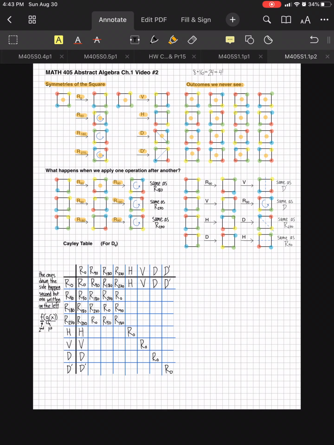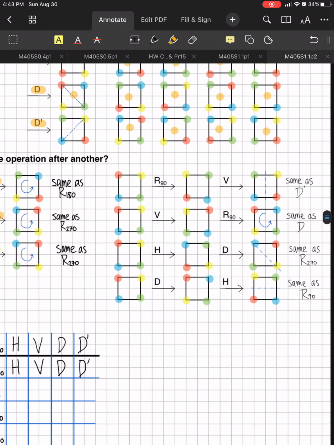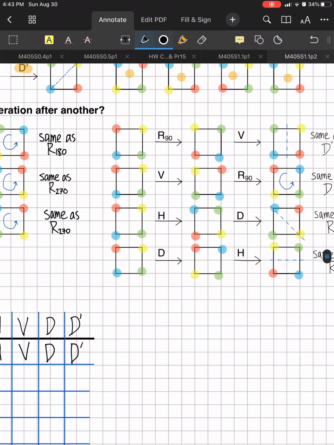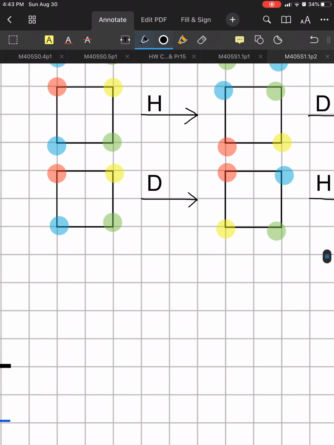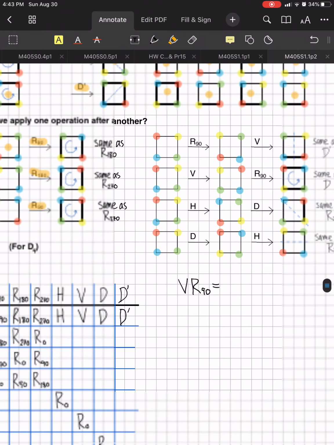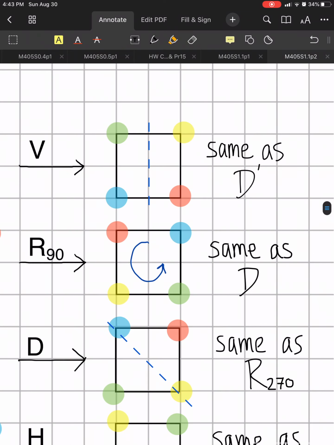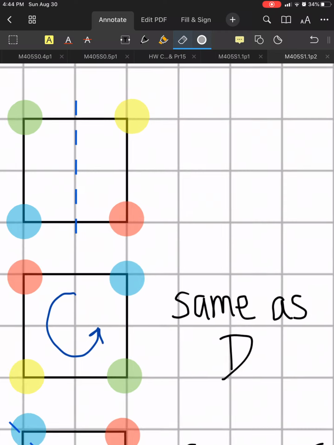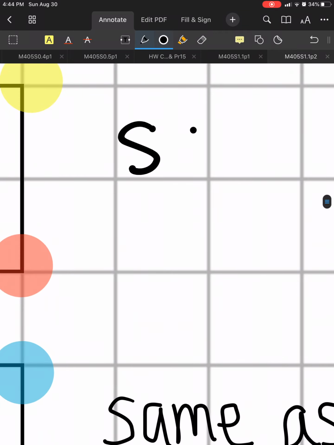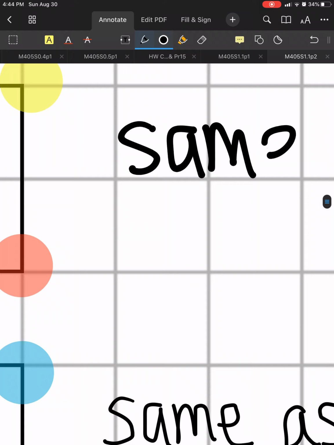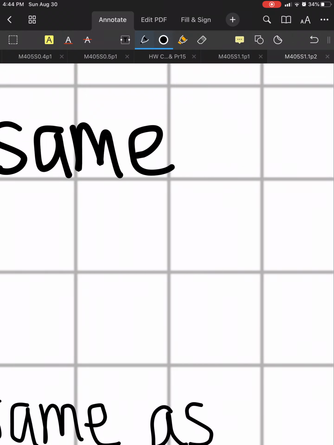So here, for instance, if we look at what we did up here, we should see that V R90, hang on, let me write this. If we look at this top one, remember this one, we said was the same as D prime.